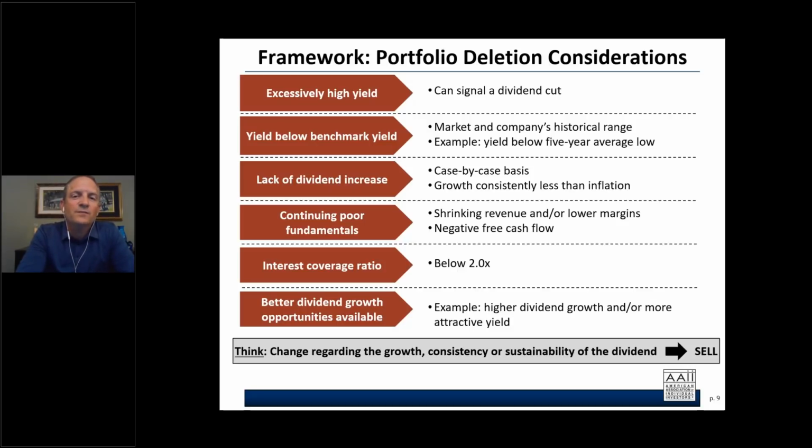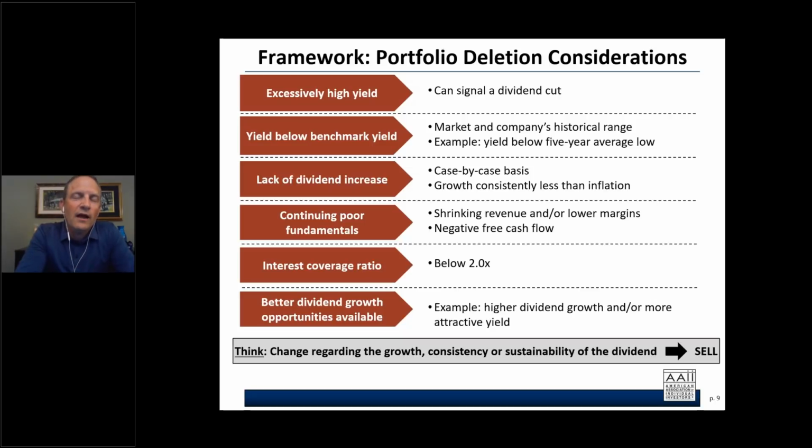We also look for a company that has lacked dividend increases. Again, this is on a case-by-case basis, but really we're looking for growth that's consistently higher than inflation. So if they're raising their dividend, but it's really a small increase and it's growing less than inflation, that would be a consideration to delete the company from the portfolio. Another thing we look at, again, I talked about debt levels, is the interest coverage ratio.